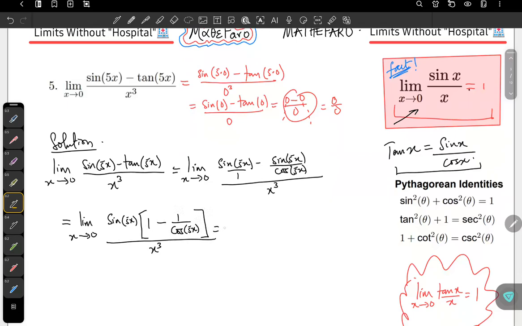Interesting. So this is the same thing as the limit of sine 5x over, so I'm going to take one of the x's in this x cubed, put it here so that it gets closer to what we want, as x tends to 0, and in the other bracket I have 1 minus sec 5x, again over x squared.